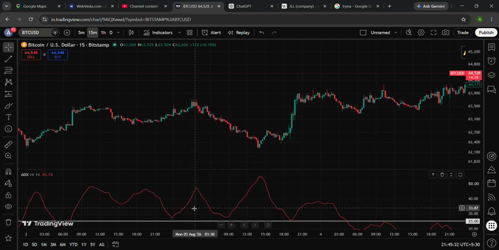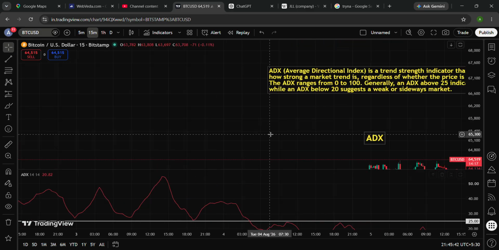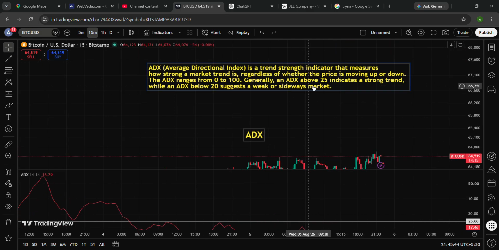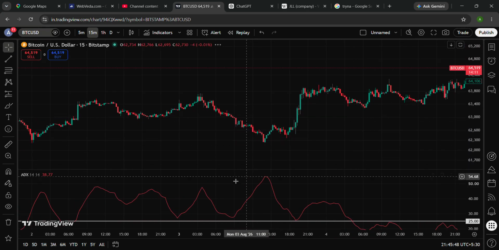As you can see, this is the complete position where the ADX is moving above 25, and we know that an ADX above 25 is a strong trend, and that is happening exactly here.